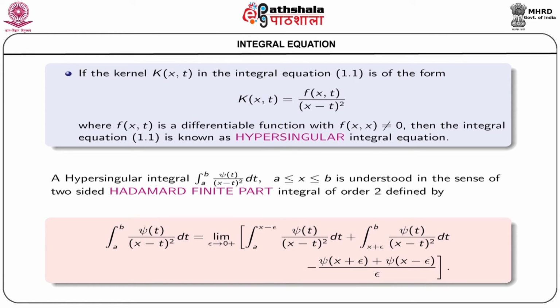The kernel k(x,t) in this case has a very strong singularity, that is hypersingularity at x equal to t.